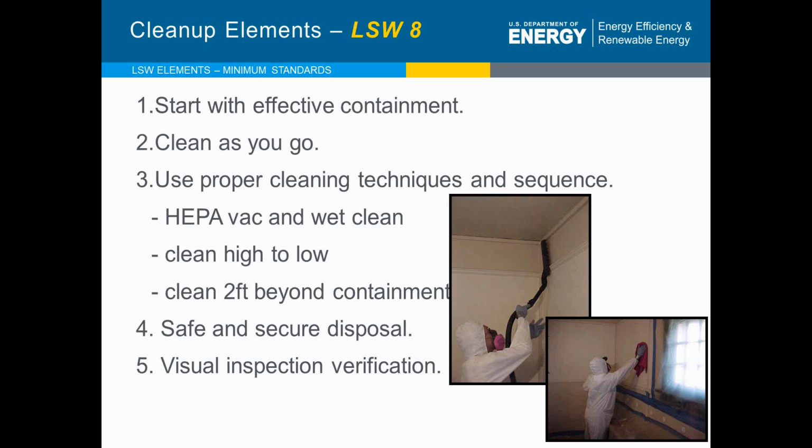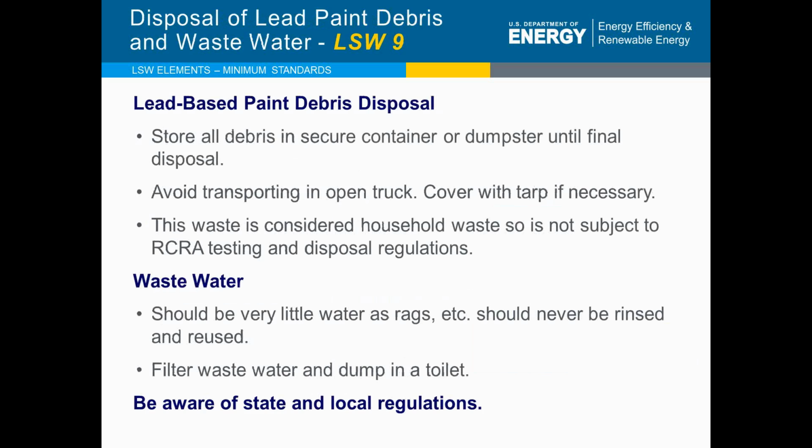The illustration on the left shows a long extended wand, a paddle wand, so it makes cleaning quite simple. So HEPA vacuuming, wet cleaning, cleaning high to low, and cleaning 2 feet beyond containment is what is required. I'll cover some of these other ones here in a little bit.